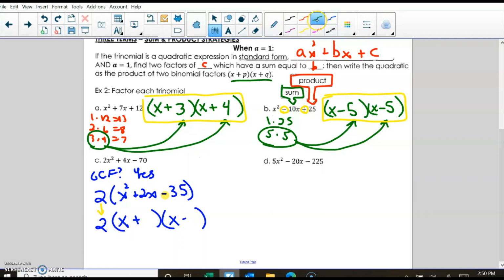When you look at the factors of 35, you'll probably realize that 7 times 5 are your factors that multiply to give you 35, and will have a difference of 2. Now, the larger number, which is the 7, is going to carry the sign. The sign here is plus. So the larger value, 7, is going to be the positive, and 5 will be the negative.